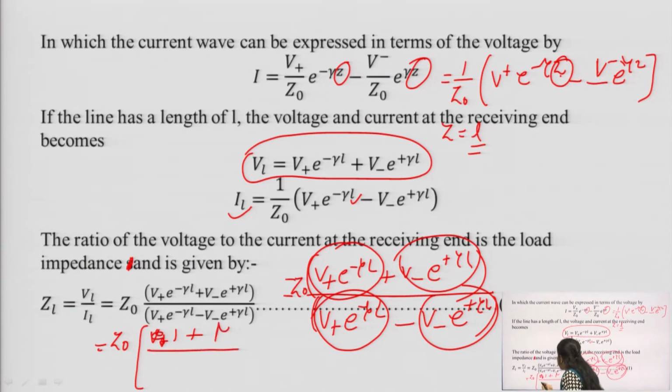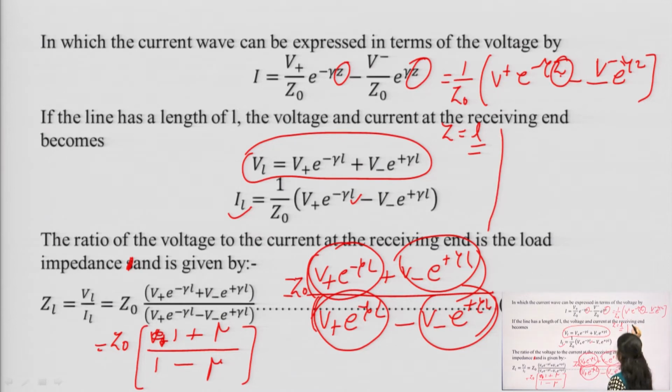So, I am just replacing it like that, and V plus e to the power minus gamma L divided gives 1 minus tau, because V minus e to the power plus gamma L when divided by V plus e to the power minus gamma L is equal to the reflection coefficient, our tau.